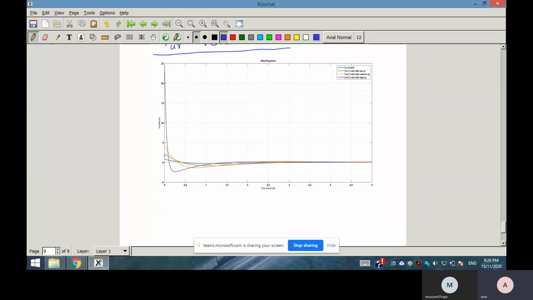But the 2 degree of freedom control effort, you can see that it is independent of the choice of Q hat. So what is the observation then?